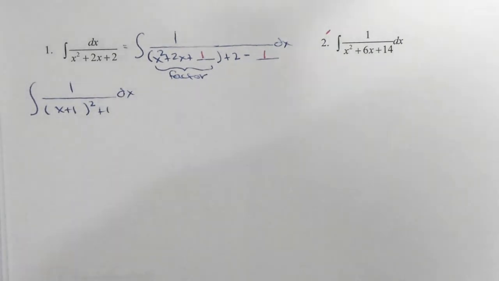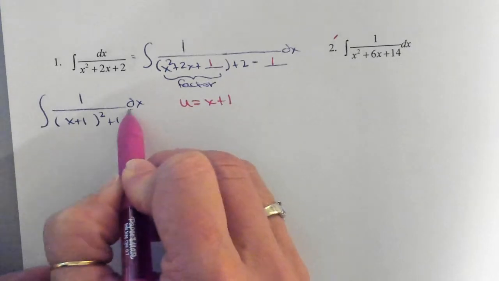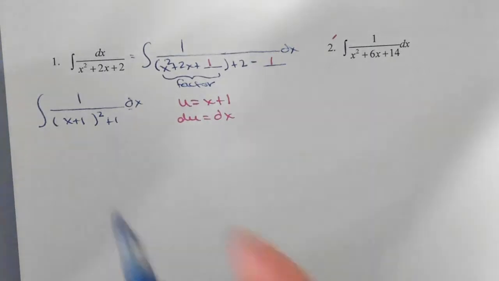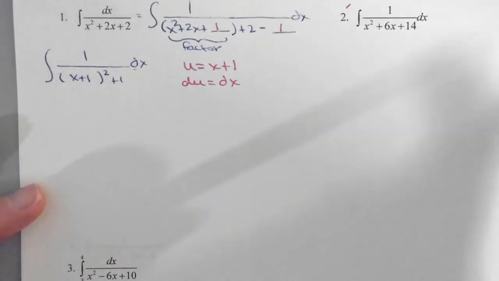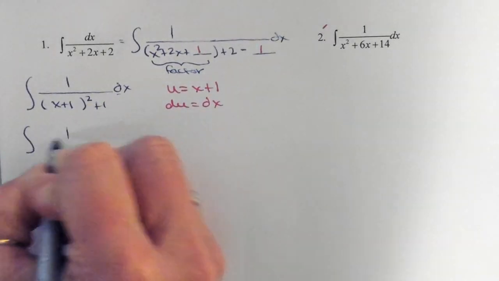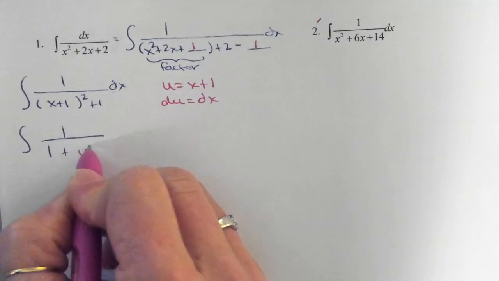So if I said that u is equal to x plus 1, that means I need to get rid of this dx, so du is equal to dx. So this is what I have, and I'm actually going to rewrite this so that it looks like the inverse tangent, meaning I'm going to put my number first. Integral 1 over 1 plus u squared du.